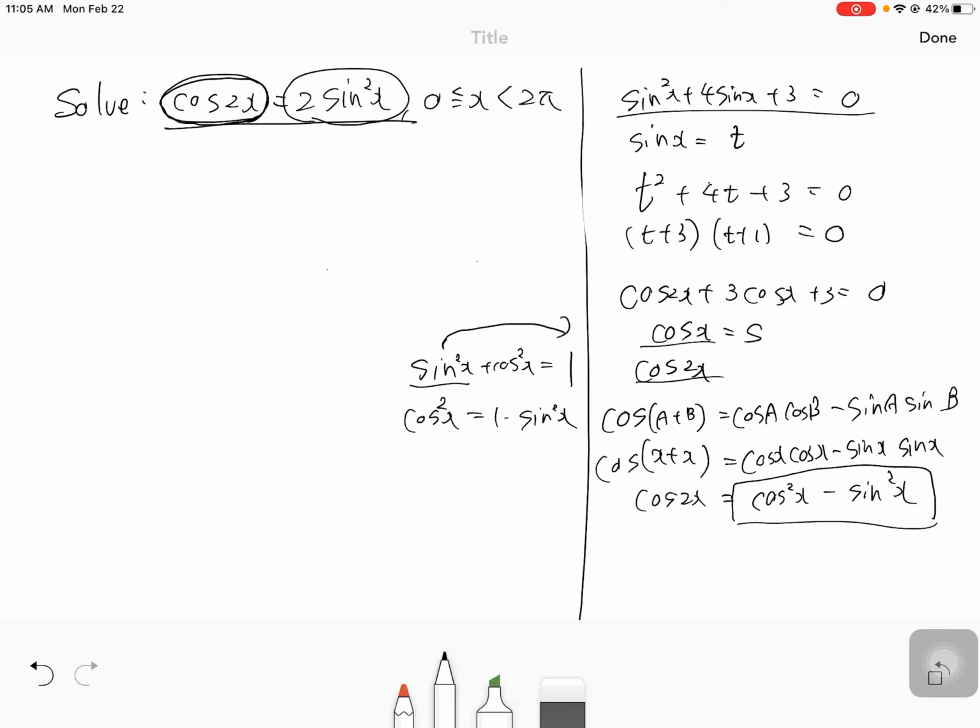Then now we can easily replace cosine square x with 1 negative sine square x. 1 negative sine square x, negative sine square x, which is 1 negative 2 sine square x. So it's done. Now you can replace cosine square x here with 1 negative 2 sine square x.